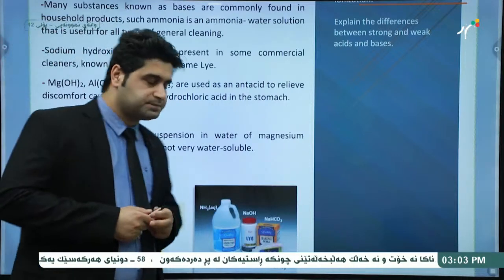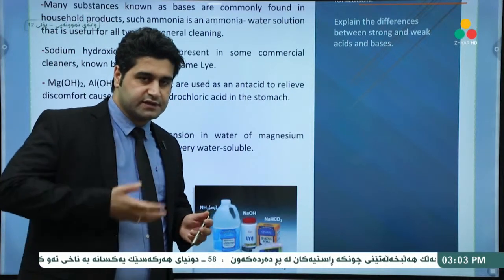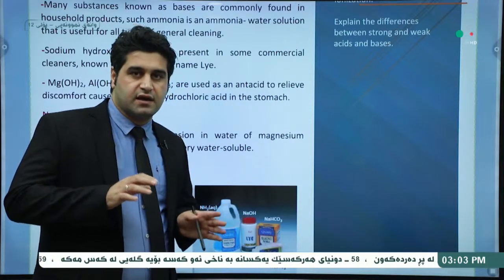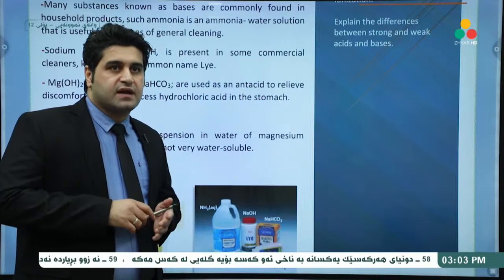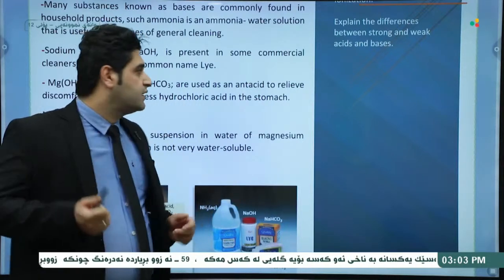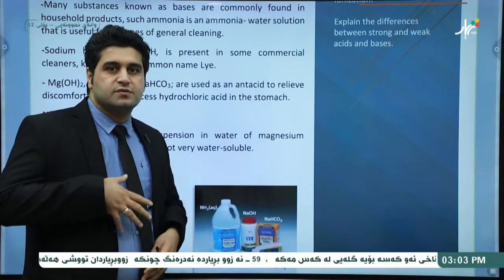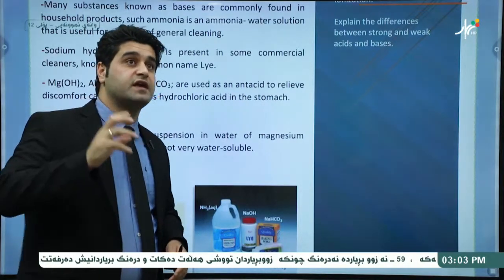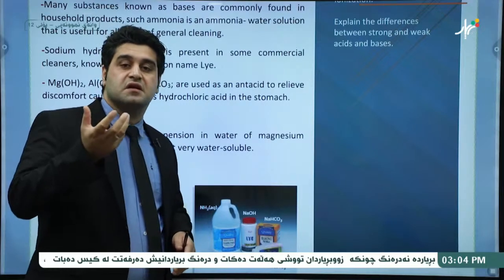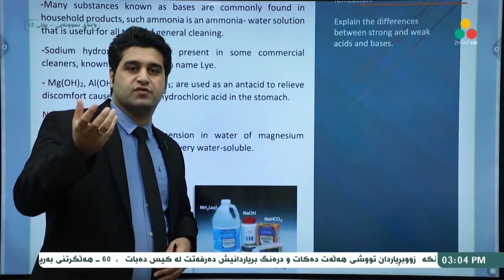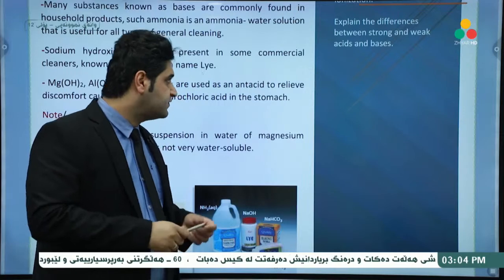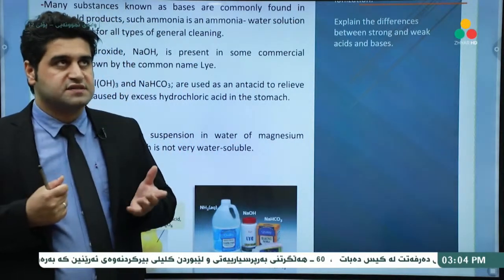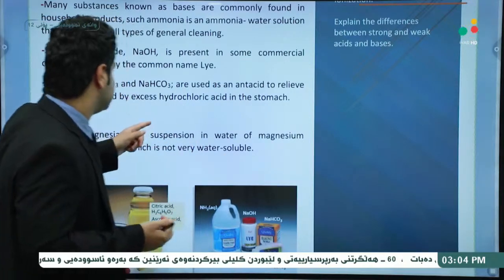For example, when you feel a burning, irritating sensation in your stomach and you go to the nearest pharmacy, they'll ask you what's your problem, and you'll say, I feel a burning in my stomach. They'll understand what the problem is inside your stomach. They know that your stomach receives an excess amount of hydrochloric acid. Immediately they'll give you something to drink, for example, Gaviscon or some tablet as an antacid.